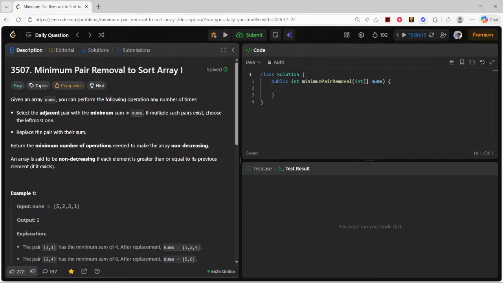Replace the pair with their sum. Return the minimum number of operations needed to make the array non-decreasing. An array is said to be non-decreasing if each element is greater than or equal to its previous element, if it exists.